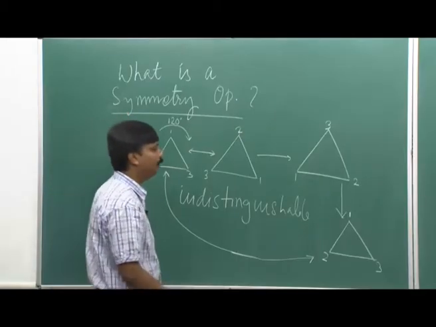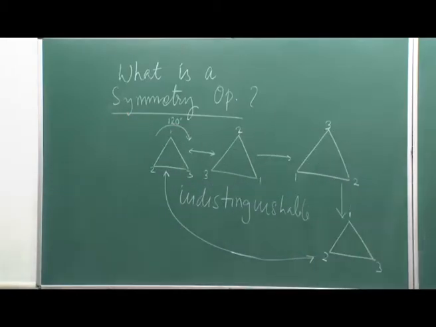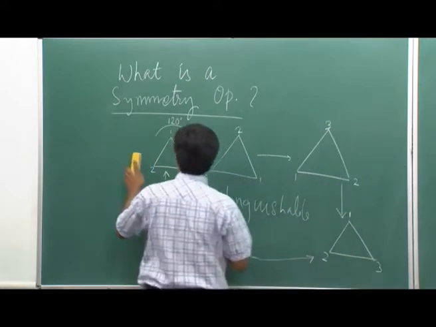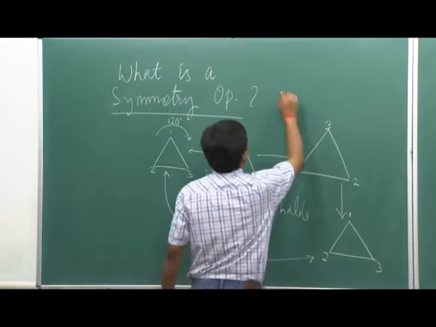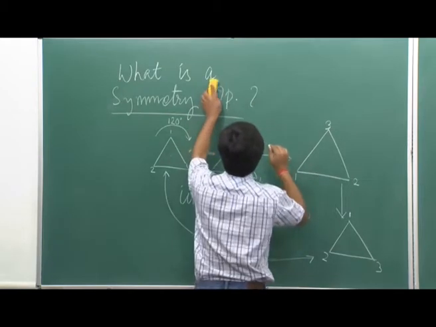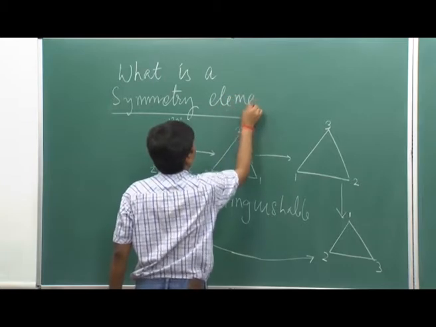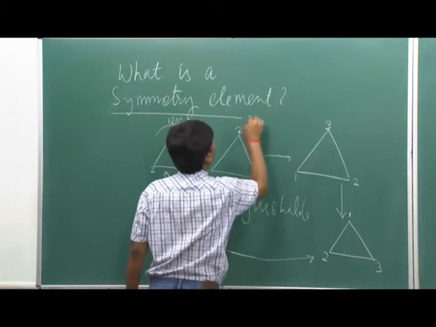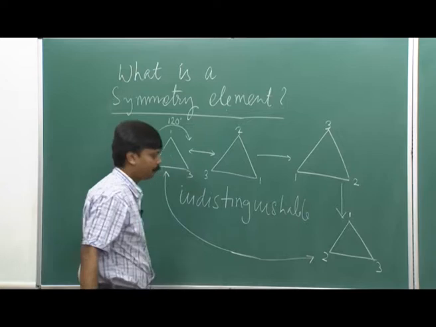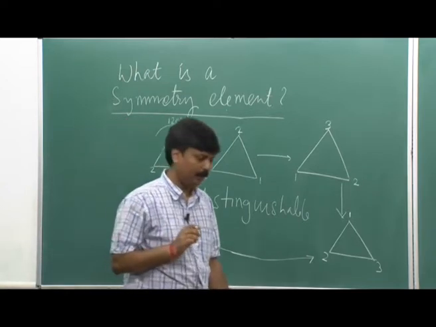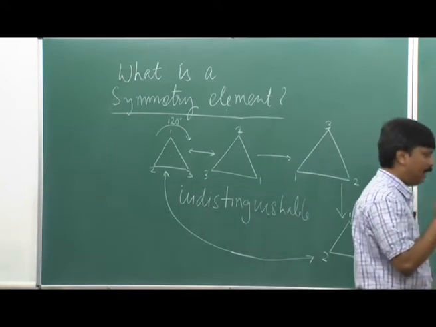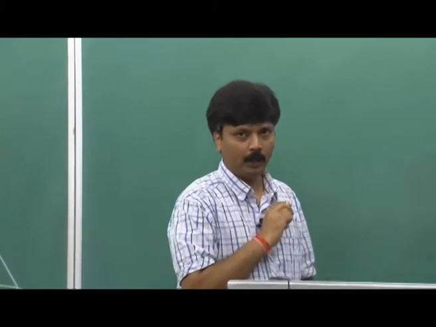Now that is about symmetry operations. Now then what is a symmetry element? So next question will be, what is a symmetry element? Okay. Symmetry element is some entity within the body.